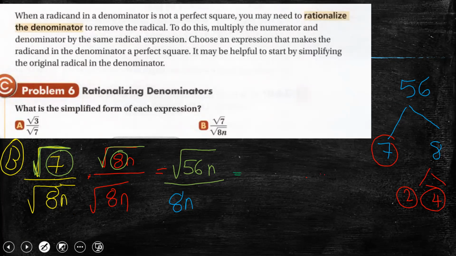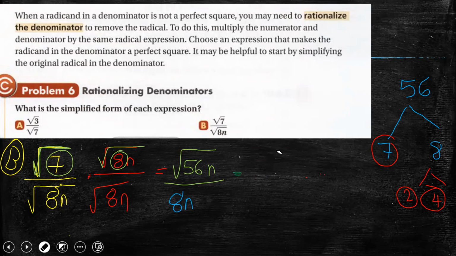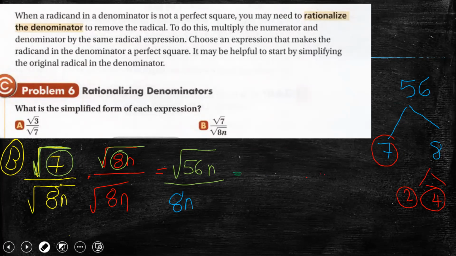So let's write them now as square root of 7 times square root of 2 times square root of 4.